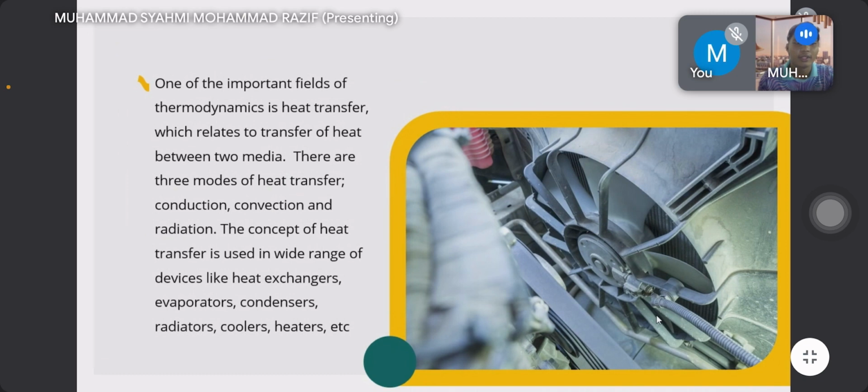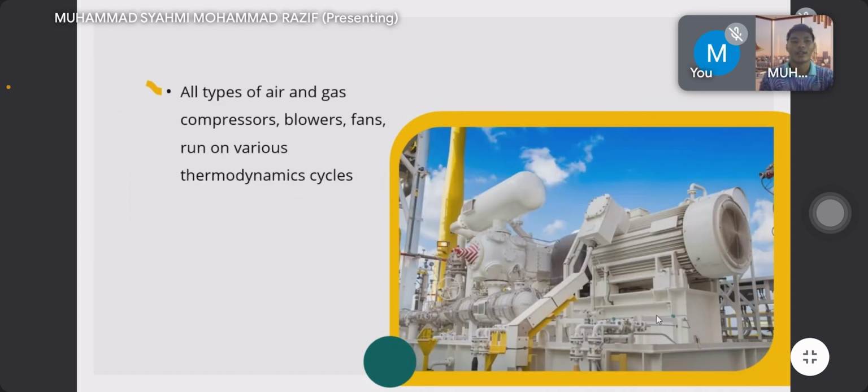The concept of heat transfer is used in a wide range of devices like the heat exchanger, evaporator, condenser, radiator, cooler, heater, and others. All types of air and gas compressors, blowers, and fans run on various thermodynamic cycles.